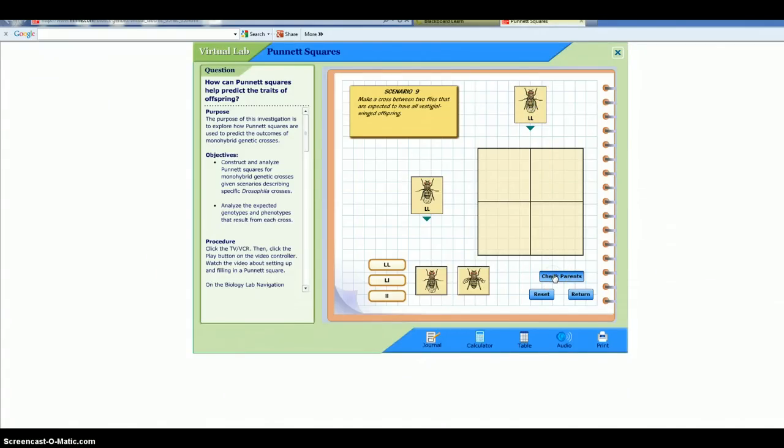Let's try it. No, it's got to be this one. Then try again. Oh, we get it wrong. Gosh, what am I doing wrong? Then try again.